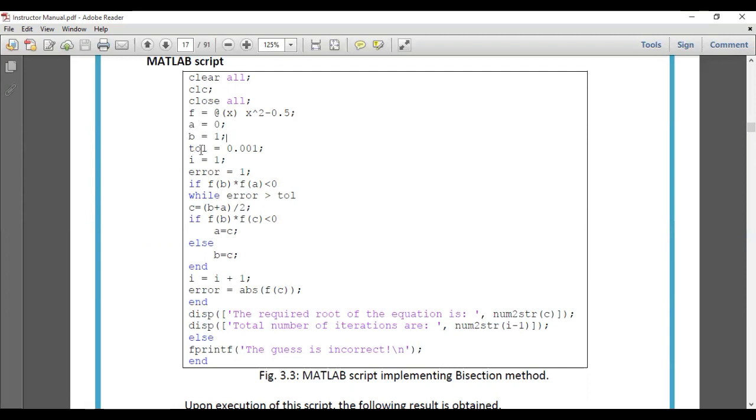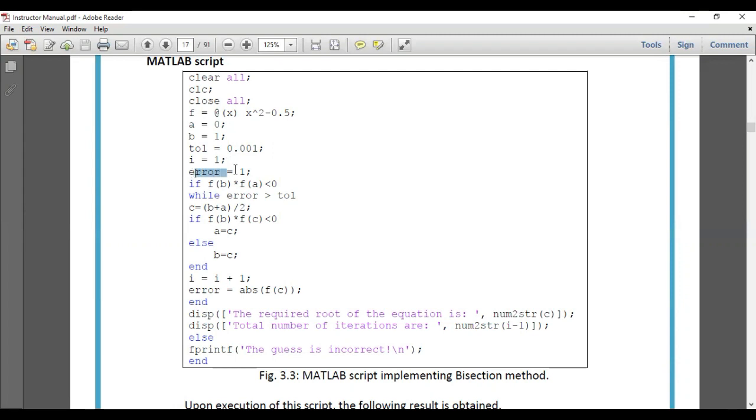And we have specified the tolerance of 0.001. It means if we get a root whose error is less than 10 raised to power minus 3, then we will say that we have actually found the root. Otherwise, the iteration will go on. This is the i equal to 1 variable, which is used to count the total number of iterations in which the solution has been obtained.